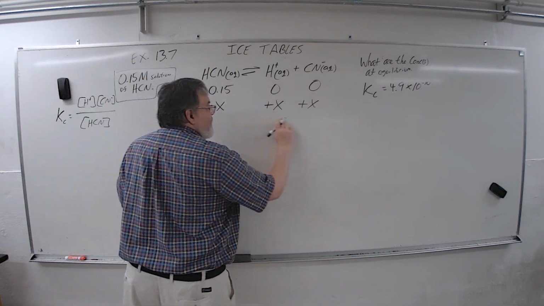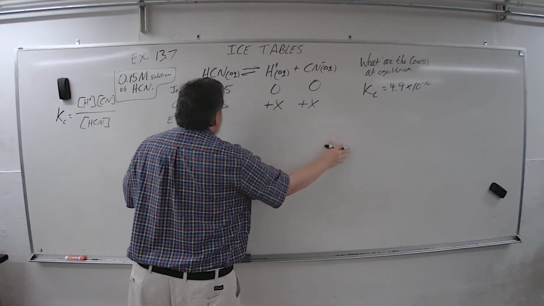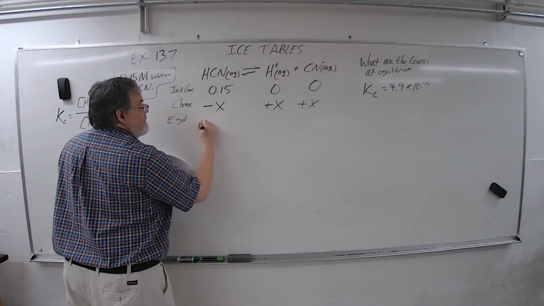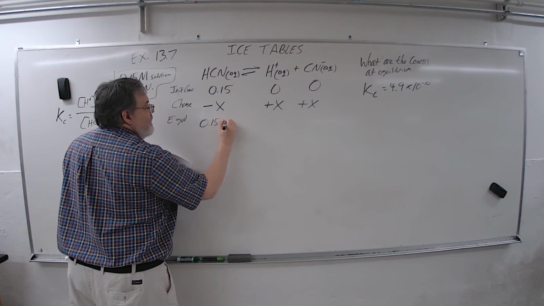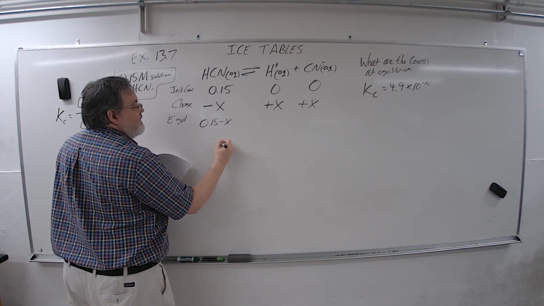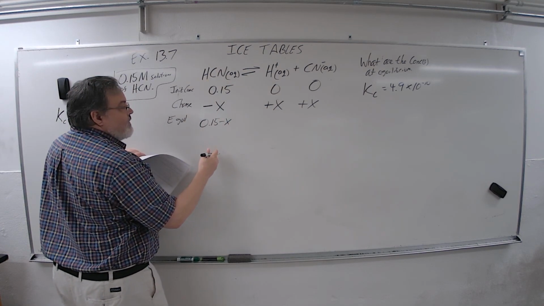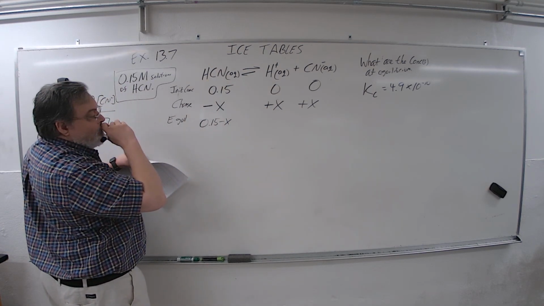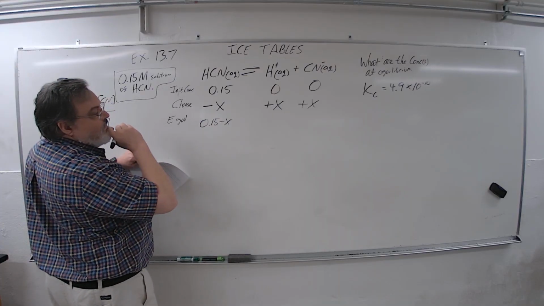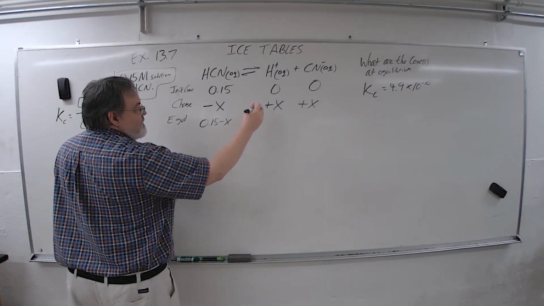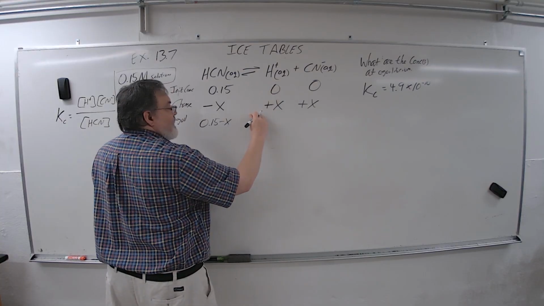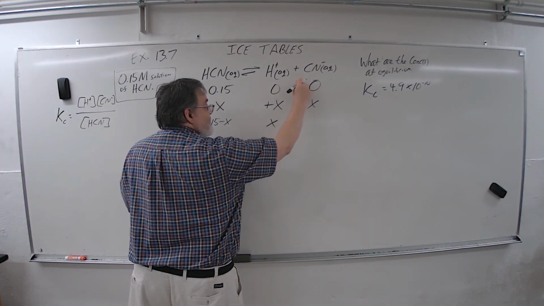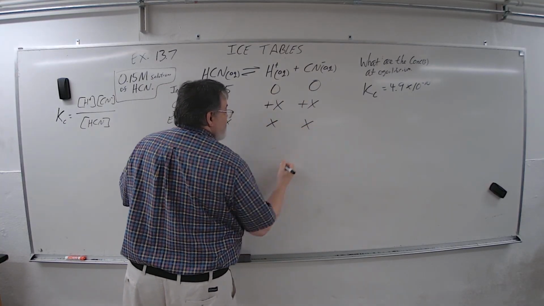So we need to solve for these and then set them equal to that. So this one is 0.15 minus whatever x is. Now that we have this whole column, let's just bring this one down. 0 plus x is x. 0 plus x is x.